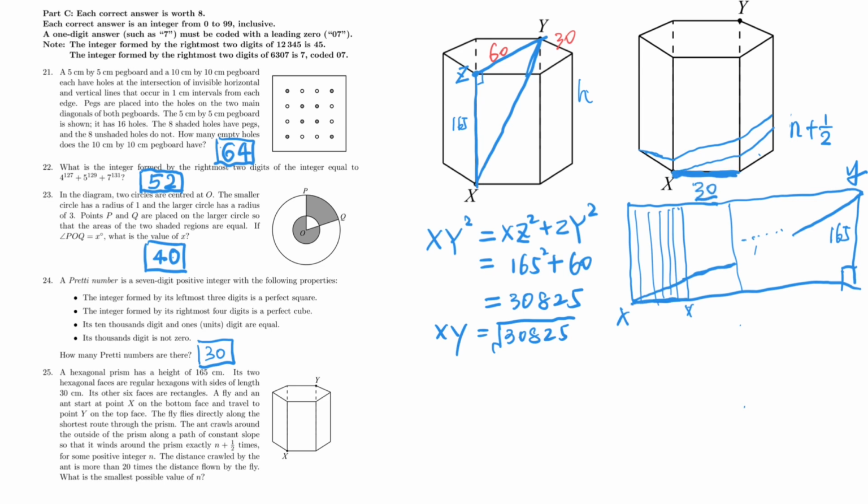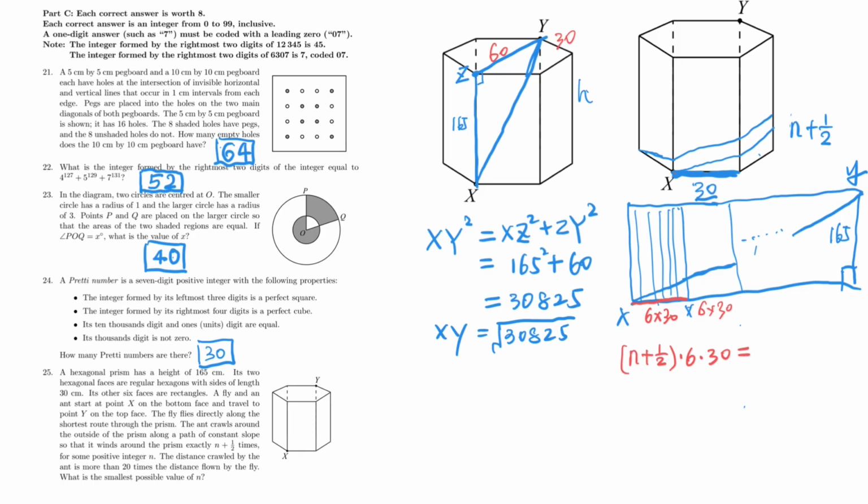When the ant crosses the prism one time around the surface, that's 6 times 30, because the side length is 30 and there are 6 lateral surfaces. So how many times 6 times 30? n plus 1 over 2 times 6 times 30.